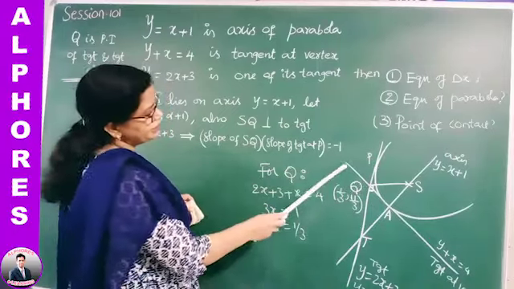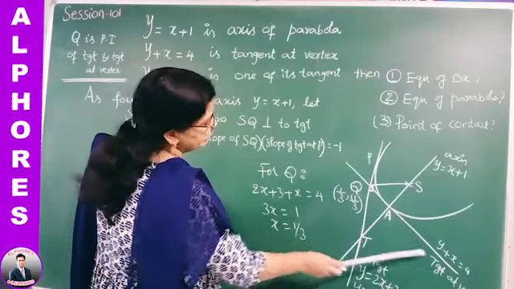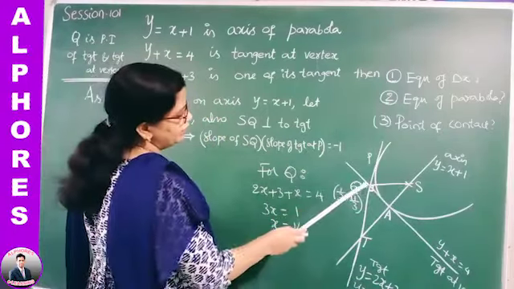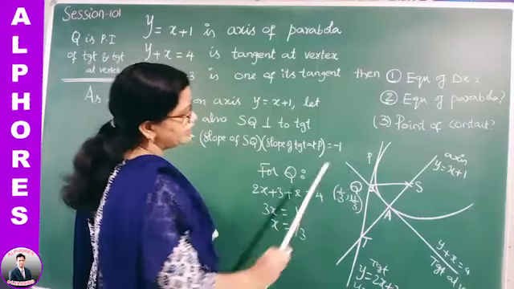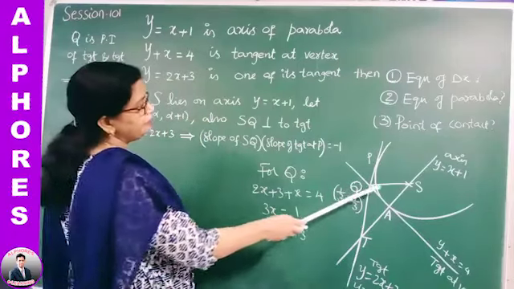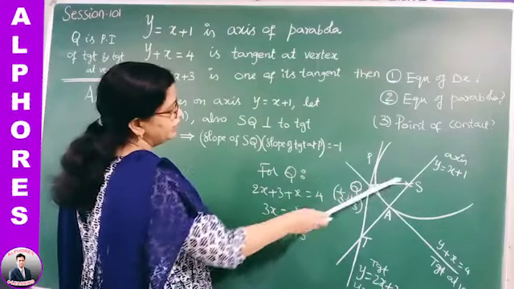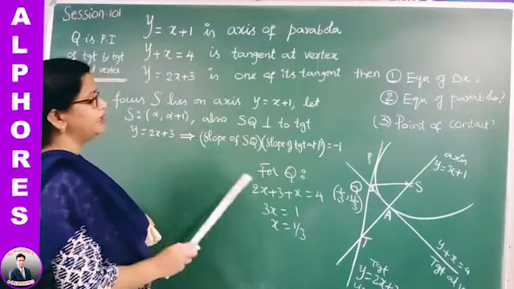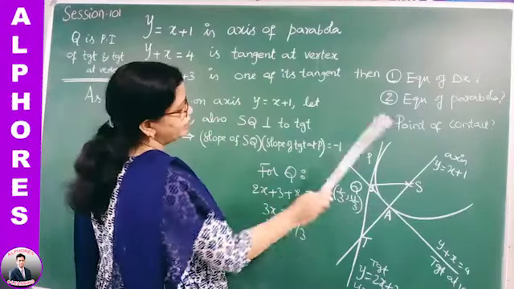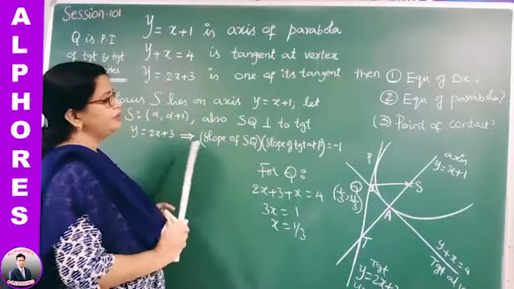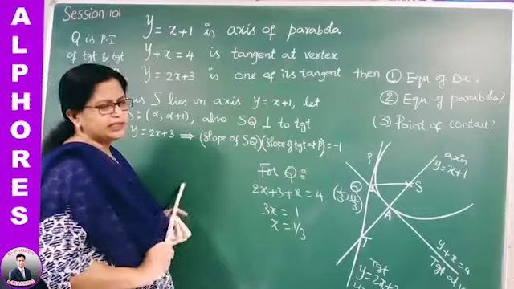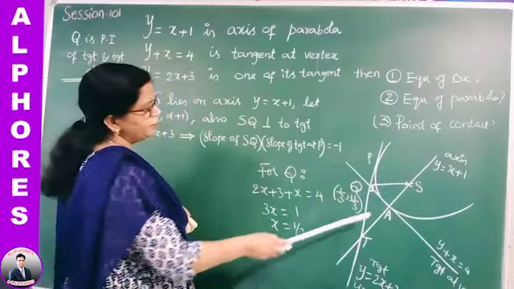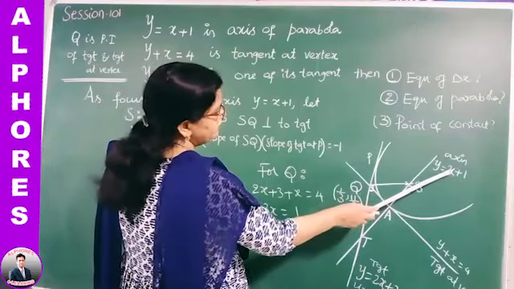The tangent, because this is our tangent at the vertex; the locus of the perpendiculars drawn from the focus on any tangent lies on the tangent at the vertex. Based on that condition, we can say clearly SQ is perpendicular to the tangent. Hence, even though you don't know the coordinates of the focus, how to obtain them? Based on this concept.